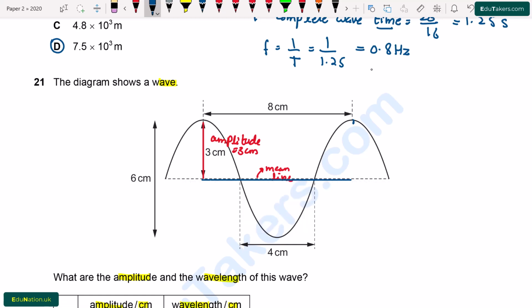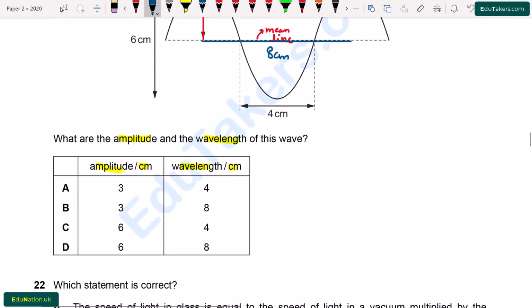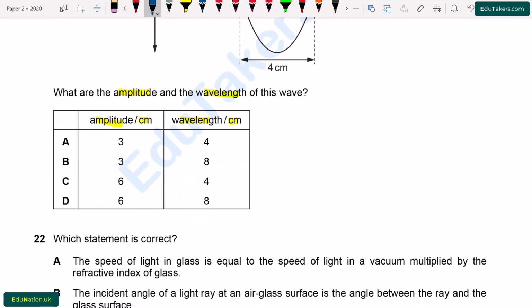So this distance is basically equal to wavelength and it is given as 8 centimeter here. So wavelength will be equal to 8 centimeter and the amplitude is equal to 3 centimeter. So here will be option B. Amplitude is 3 centimeter and wavelength is 8 centimeter.